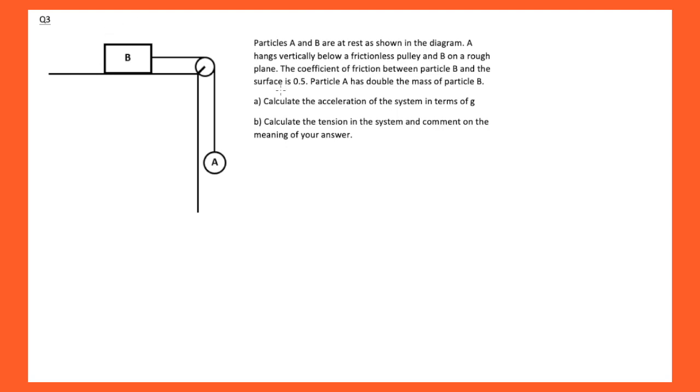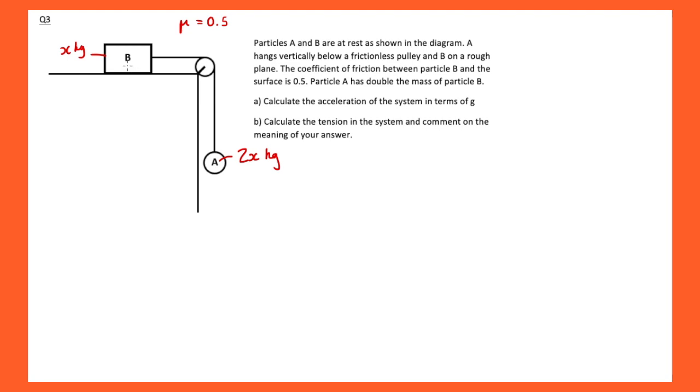Okay, so in this question, it's really important that we read it really carefully. We know that we have a coefficient of friction of 0.5. And we know that particle A has double the mass of particle B. So let's call the mass of A 2x and the mass of B x.